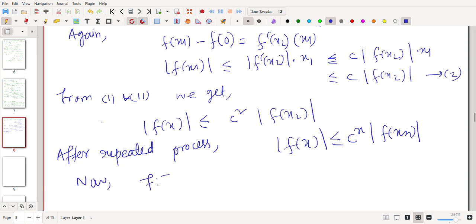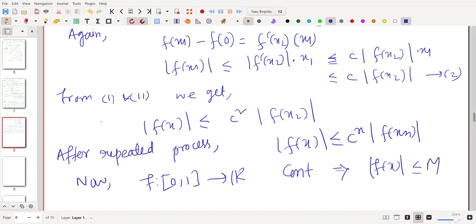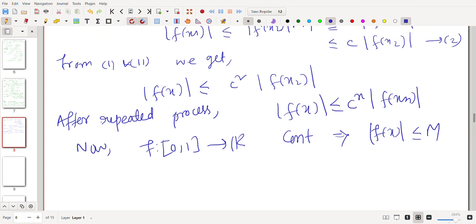Now f from [0,1] to R is continuous. That will imply that |f(x)| is less than or equal to some M, because f must be bounded on a closed bounded interval. Continuous function on closed bounded interval must be bounded.